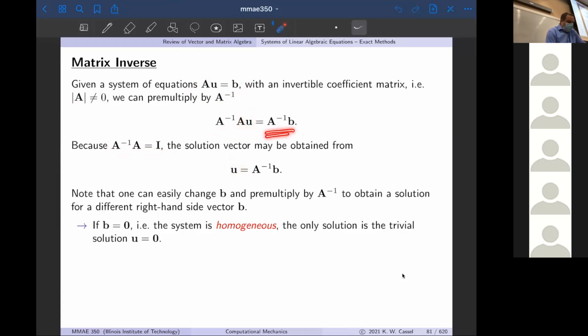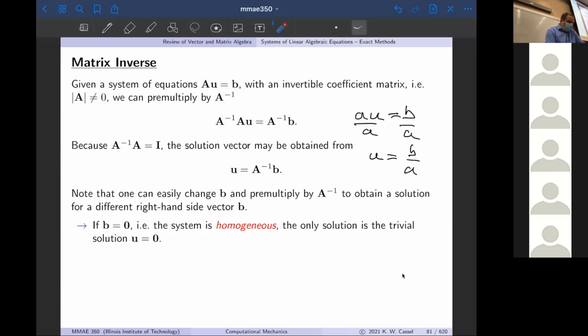And on the right-hand side, I have the inverse of A times B. So again, it's kind of like if I had just a simple scalar equation, A times U is equal to B. I divide both sides by A, and I have U is equal to B over A. So this is kind of like the matrix equivalent of that. U is equal to the inverse of A times B.